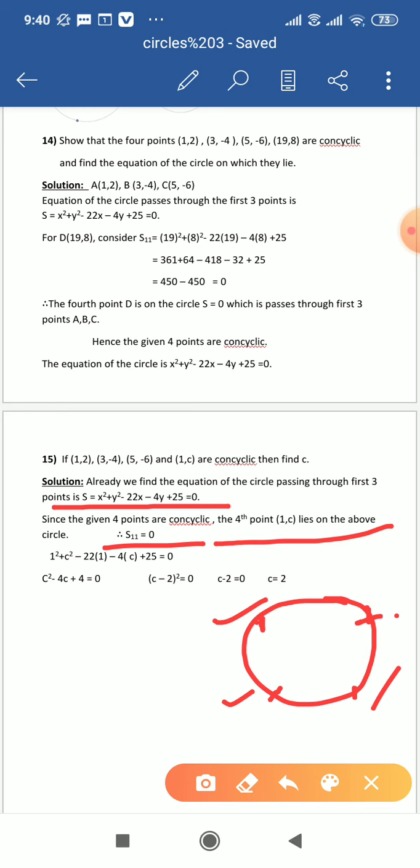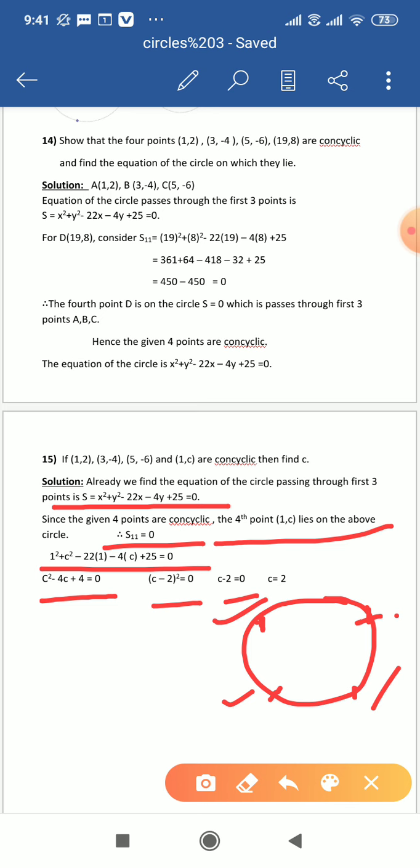So 1 square plus c square minus 22 into 1 minus 4 into c plus 25. This is S11. That must be equal to 0 because the fourth point is on the circle. Simplify. c square minus 4c plus 4 is equal to 0. That is c minus 2 whole square is equal to 0. So c minus 2 is equal to 0. c is equal to 2.